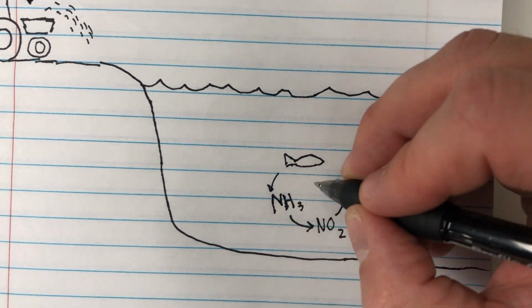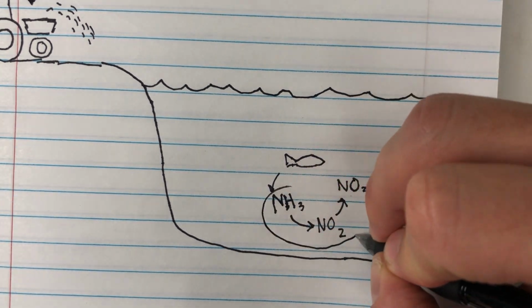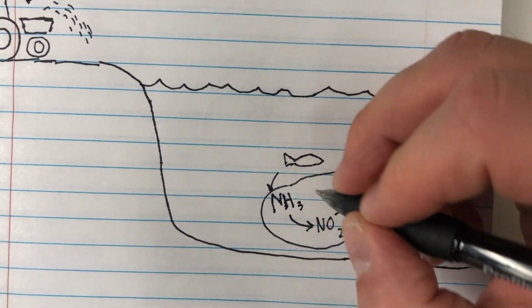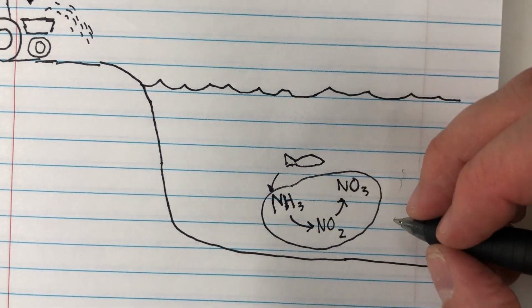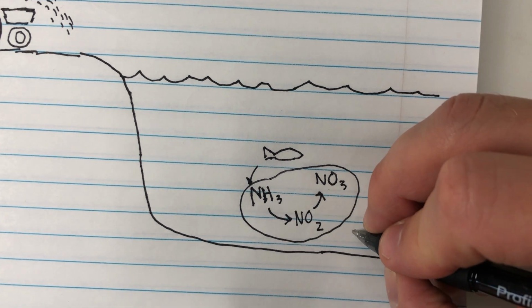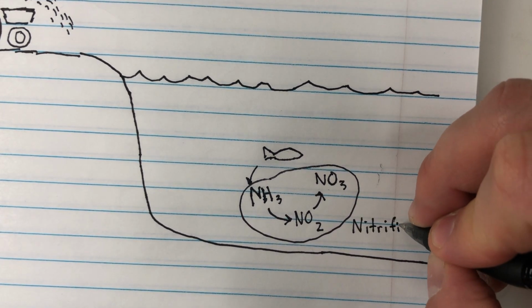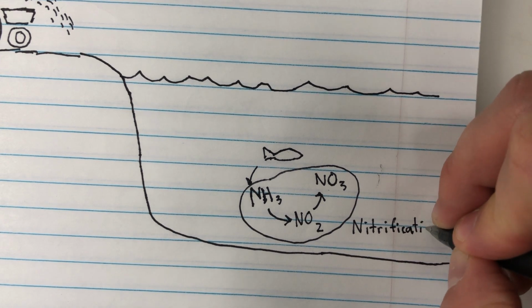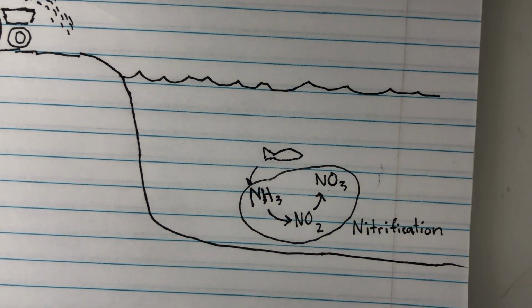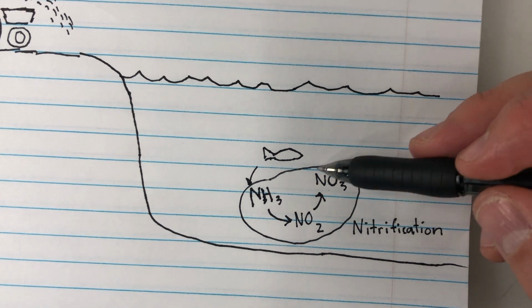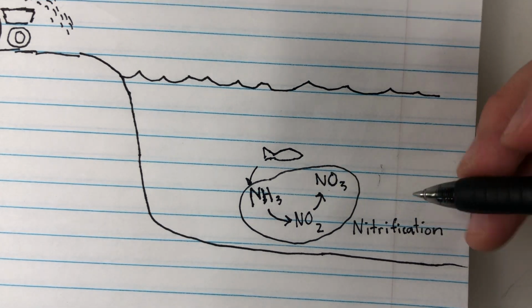And that's also known as the same process here below the surface of the water. This is called nitrification, okay? Nitrification. So this nitrate will help plants to grow.